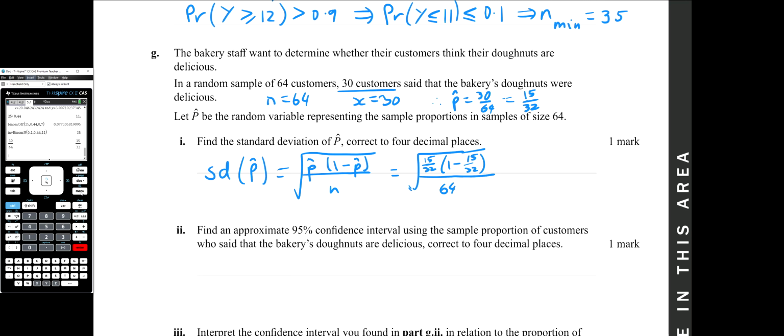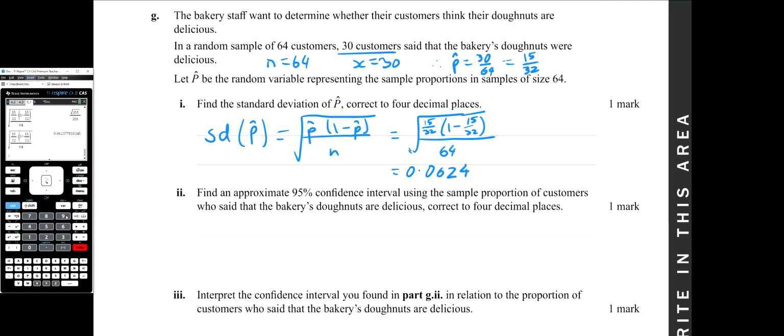So let's put that in the CAS. So square root of 15 over 32 times 1 minus 15 over 32 all over 64, and there we have it. It wants 4 decimal places, so we want 0.0624. That's the standard deviation of p hat.